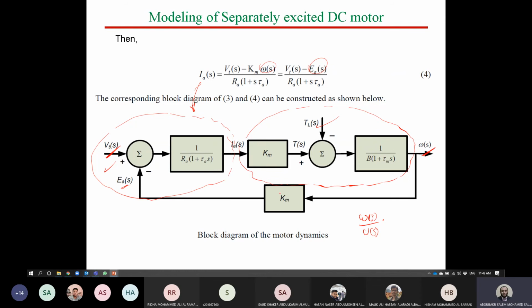If you would like to study one special case, set the value of this case to 0. If you have 0 inductance, TA will be 0; substitute TA equals 0 and see the response. What do we mean by response? Apply a certain voltage and observe the value of speed, or apply a certain load torque at a certain voltage and observe the speed, and so on. This is the meaning of the response of the machine.